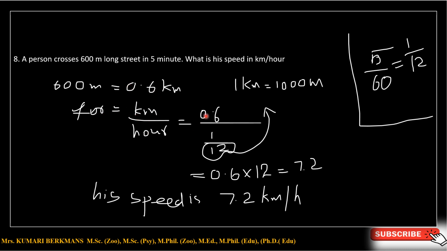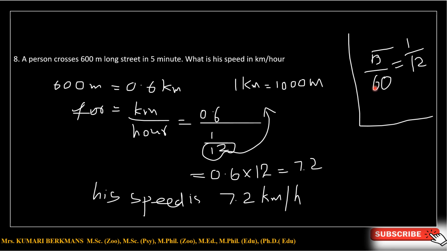So 0.6 kilometer divided by 1 by 12. How did we get this 1 by 12? In the sense hour. So how many minutes? Within 5 minutes he is crossing. Okay, so how to calculate this in hour? In the sense 1 hour consists of 60 minutes, right? So 5 by 60, we get this fraction 1 by 12.